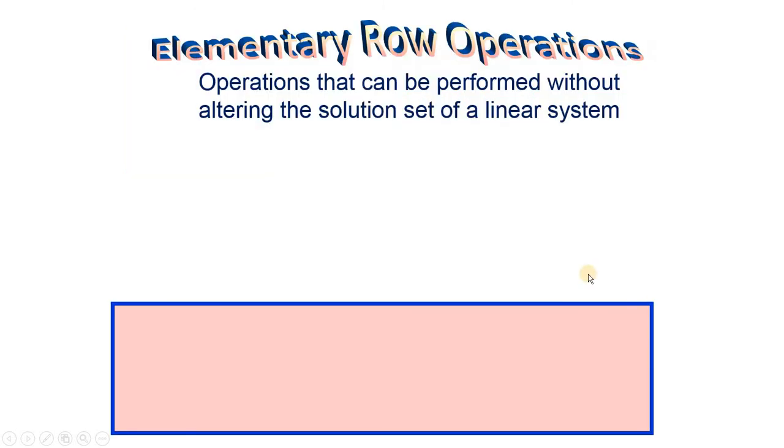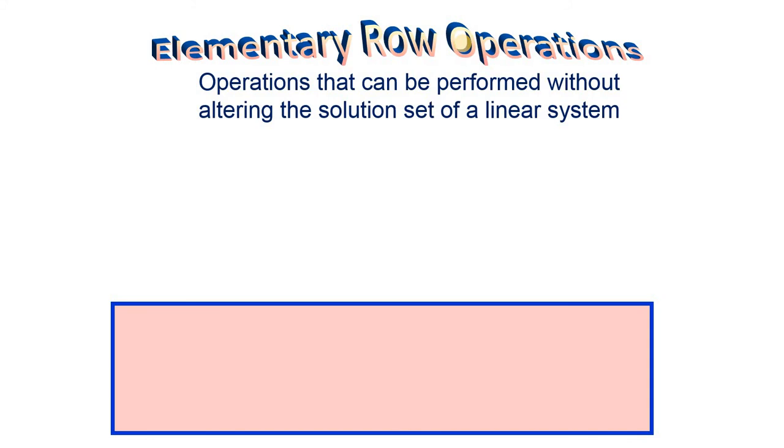Now here we have elementary row operations. Elementary row operations are the three operations which are applied on the rows. That's why they are called elementary row operations. Moreover, we can apply the operations on columns, then we call them elementary column operations.